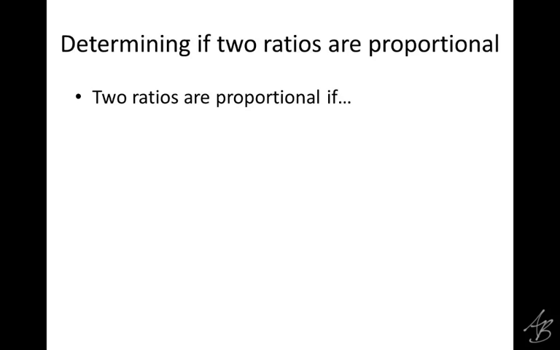All right, so 2 ratios are proportional if they are equal when we do what to them? Reduce. When they're reduced. So if we reduce both fractions and they're equal to each other, then we know that those 2 fractions are proportional.